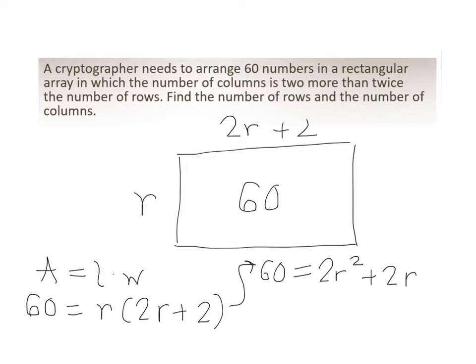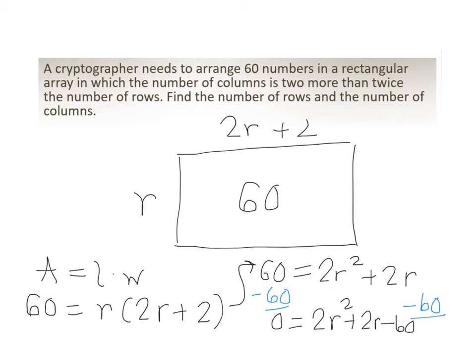And whenever we're solving a quadratic equation, we know we need to get it equal to 0. So to get this 60 to be 0, we'd have to subtract 60, but we'll have to do that from both sides. And when we do that, we'll have 0 is equal to 2R squared plus 2R minus 60.